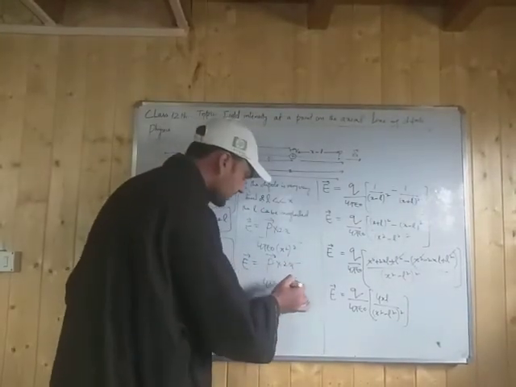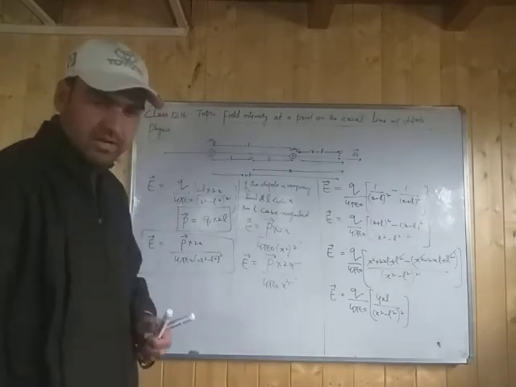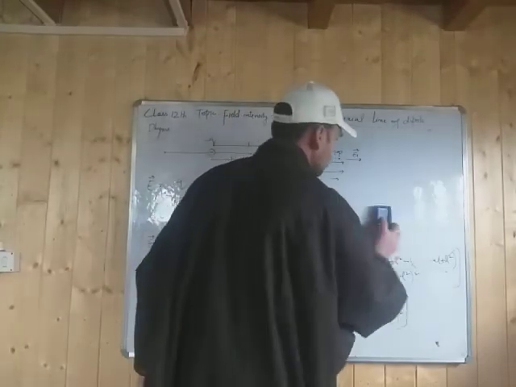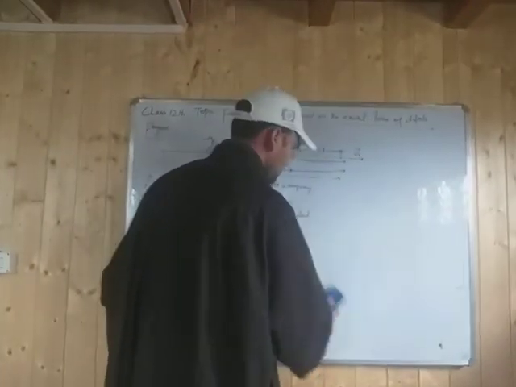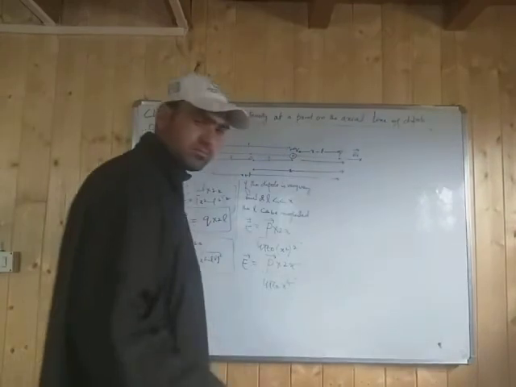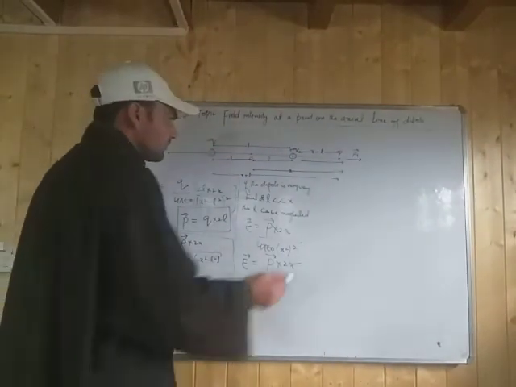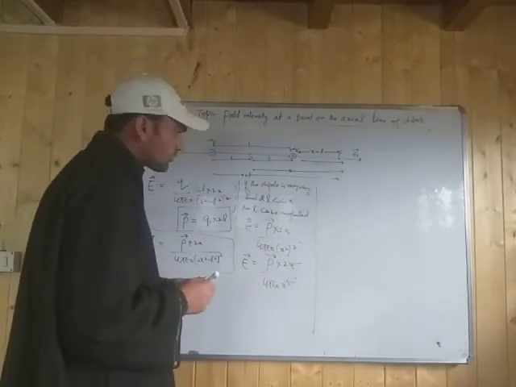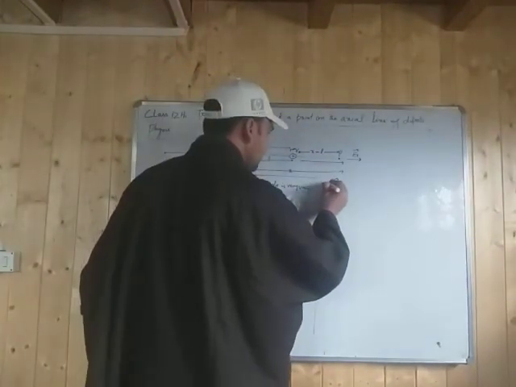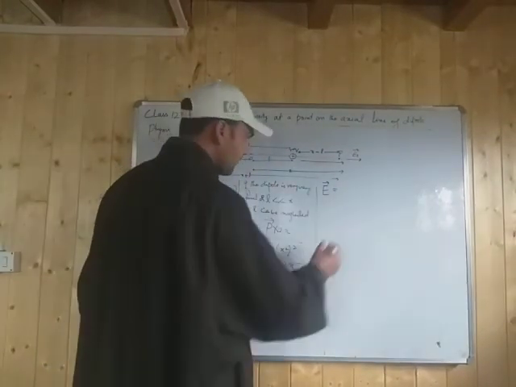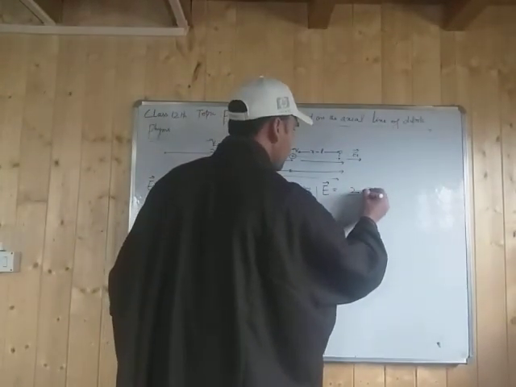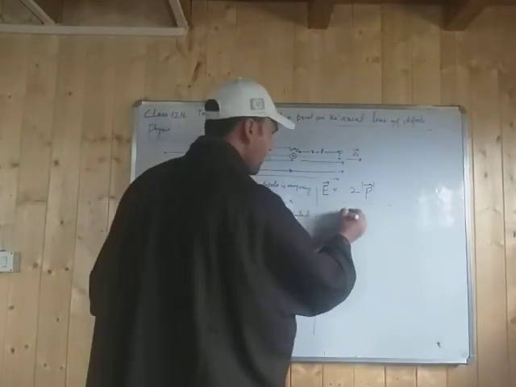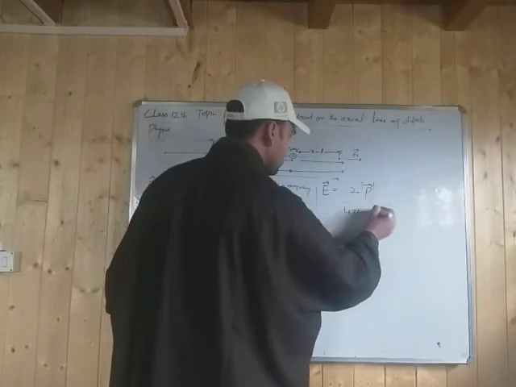So x और x cancel होगा यहाँ पर. Total electric field intensity E will be equal to twice the magnitude of dipole moment divided by 4 pi epsilon naught x raised to power 3.